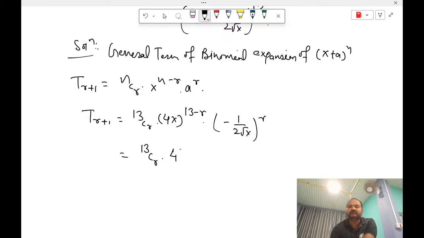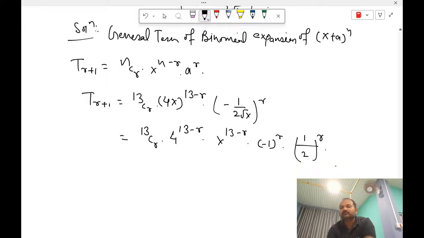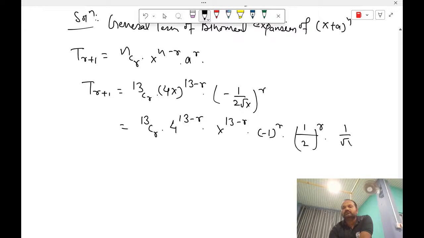So it will be 4 to the power 13 minus r into x to the power 13 minus r, and minus 1 to the power r into 1 upon 2 whole to the power r, also 1 by root x whole to the power r.